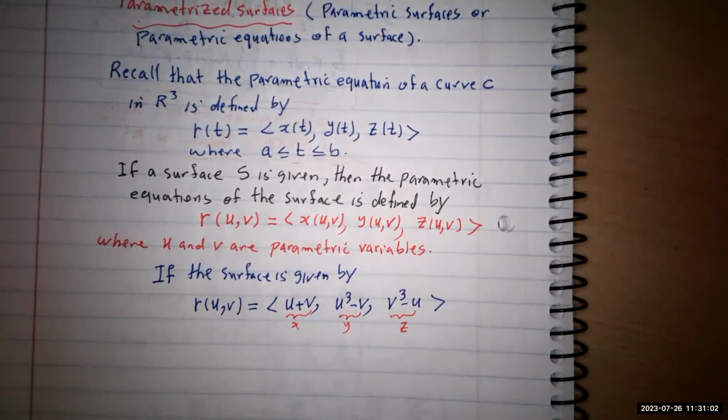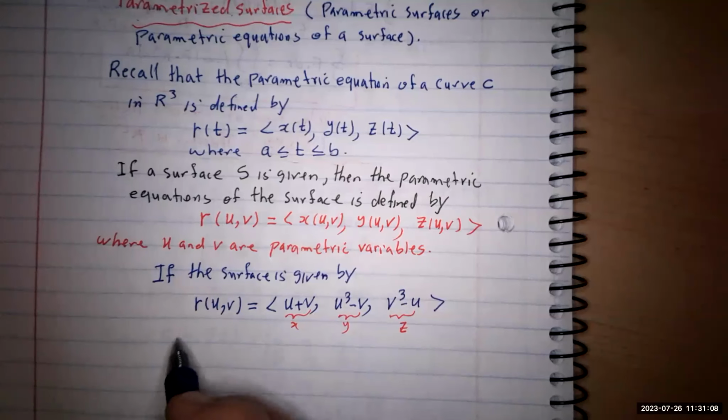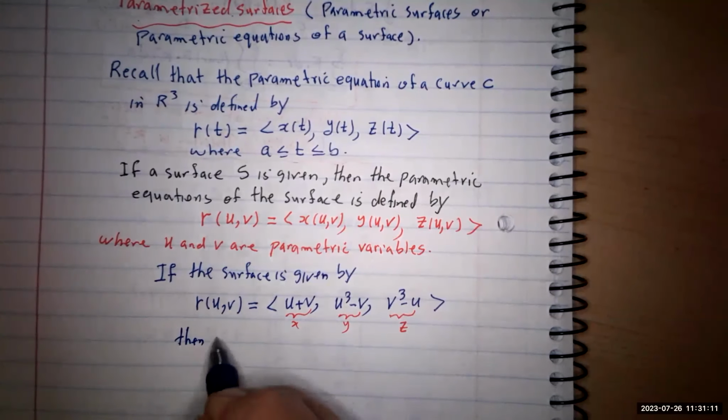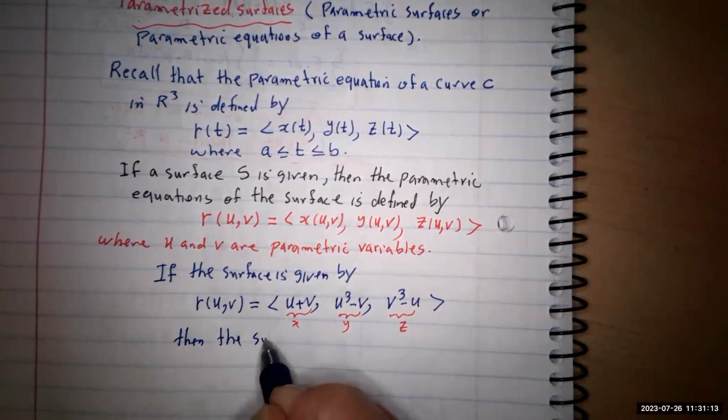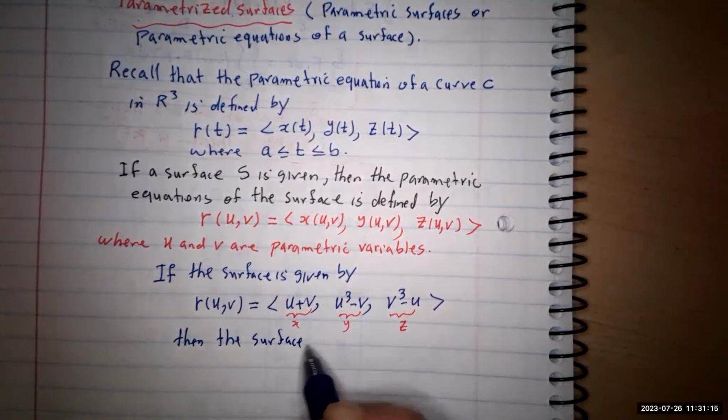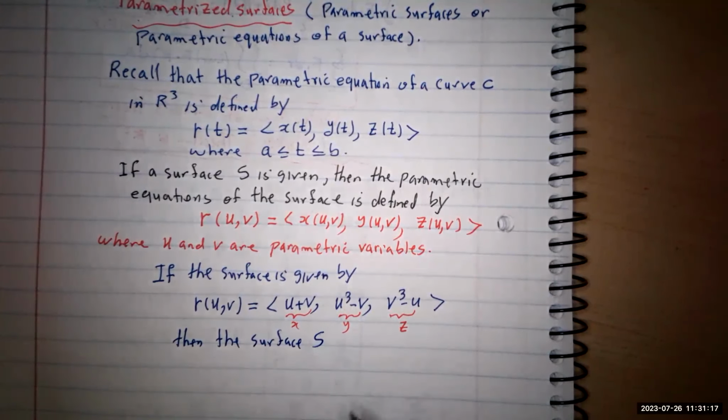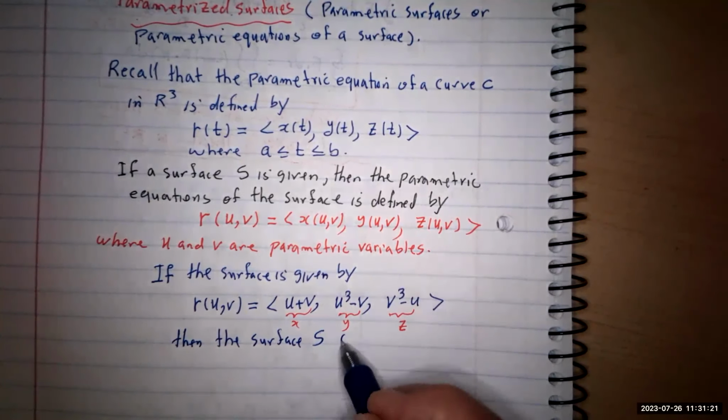Okay, so if this is the case, then the surface S consists of a collection of points. It's a graph.